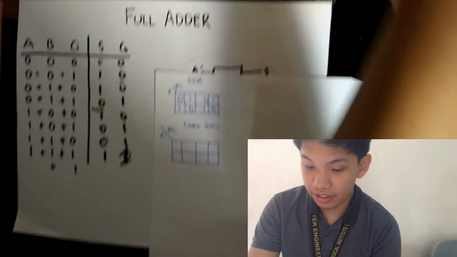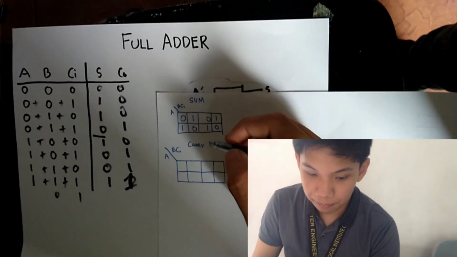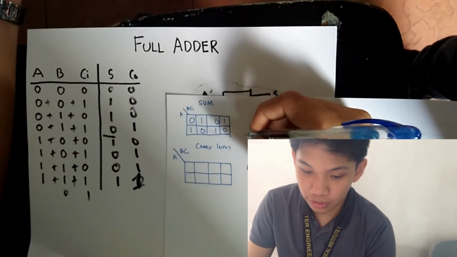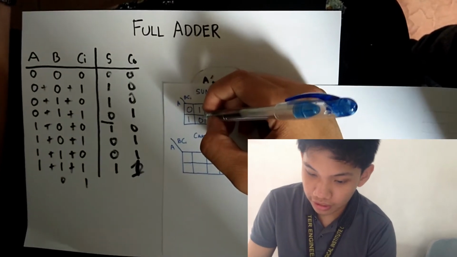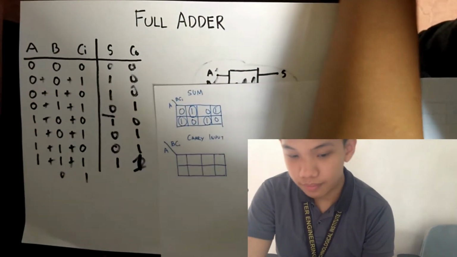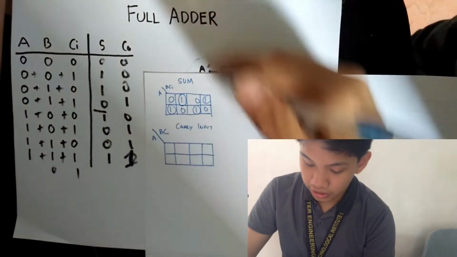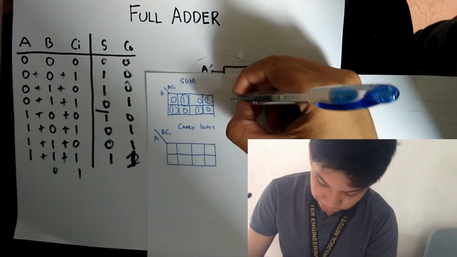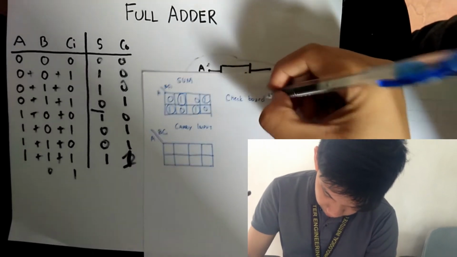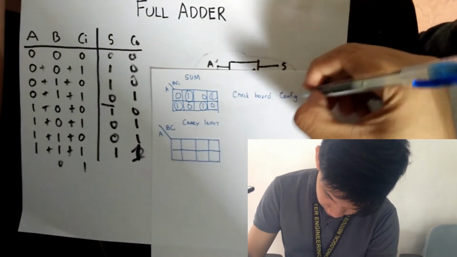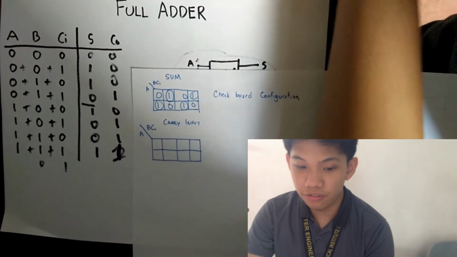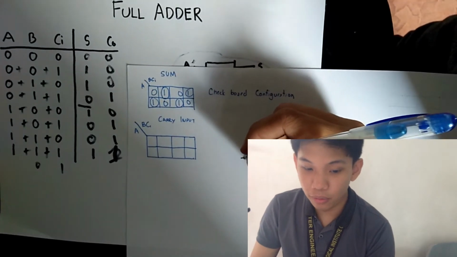Now you can see here that a very interesting pattern appeared. Why is it interesting? Because you will find out that you cannot group any of the ones in this particular pattern. This is called the checkerboard configuration.